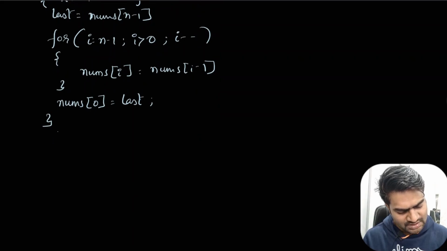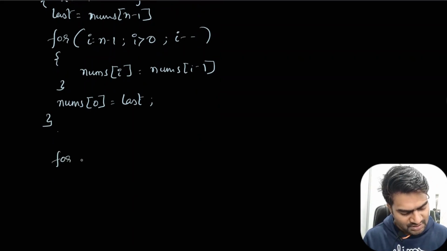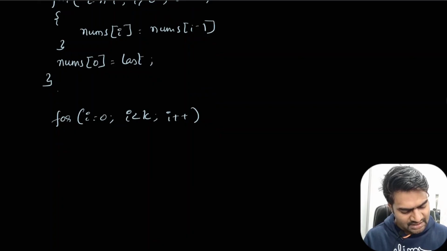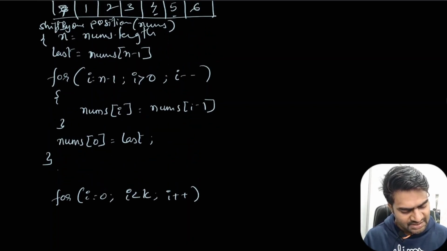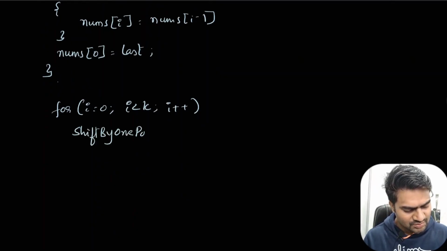Now what I will do, I will use another for loop for I equal to 0, I less than k, I plus plus. Then what I will do, I will call this particular method shift by one position, and I will pass my nums array.